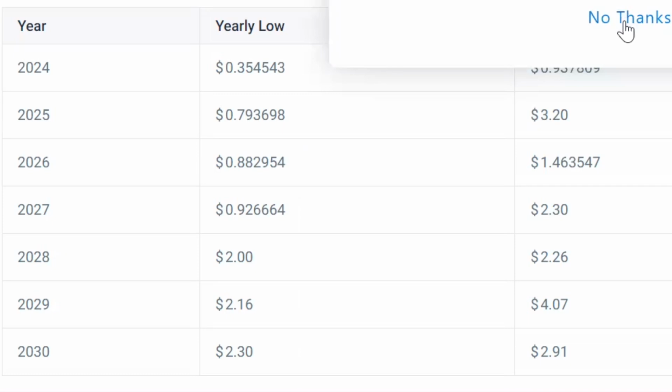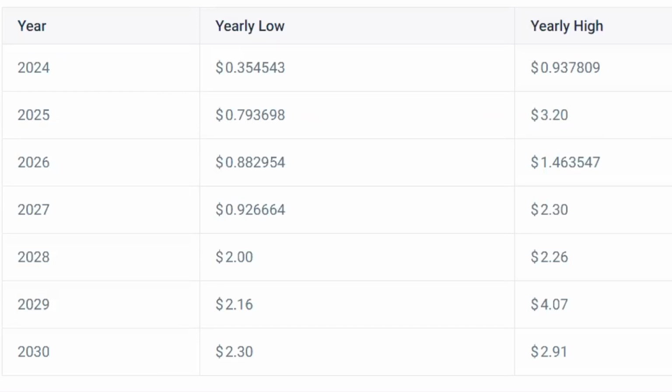Price predictions. Next year, they're saying price predictions could be as low as 35 cents or as high as 93 cents. Whereas in 2025, of course, this $3.20 is where they think it's going to peak during the bull market.